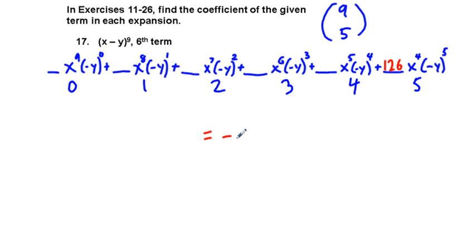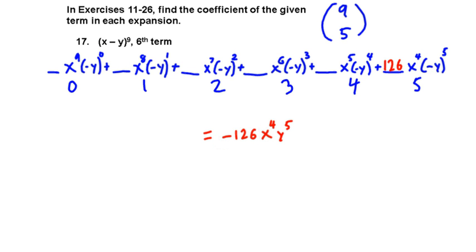So we're going to have negative 126 x to the fourth, y to the fifth. And we're going to have a coefficient of negative 126, which is boxed in.